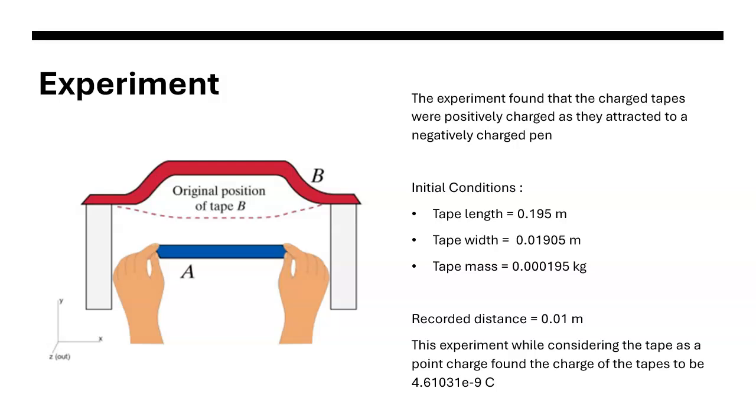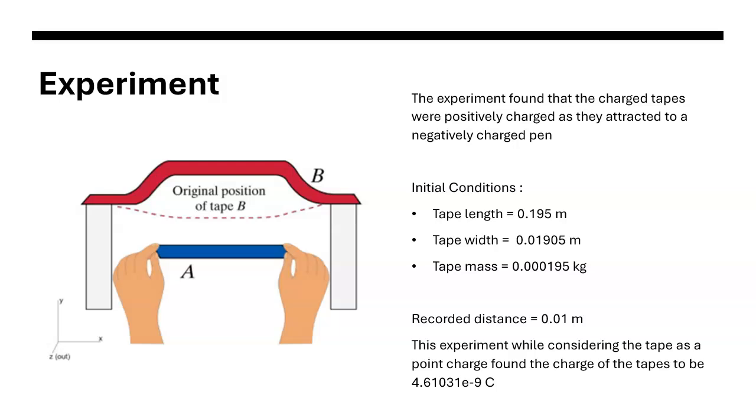So the experiment found that the charged tapes were positively charged as they attracted to a negatively charged pen. And the initial conditions of tape B in this case: we found that the length of the tape was 0.195 meters, the width being 0.01905 meters, and the mass being 0.000195 kilograms.